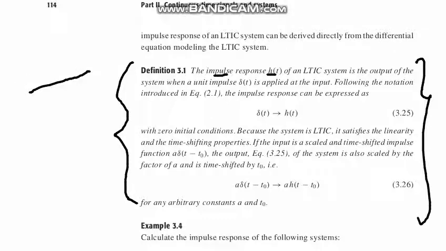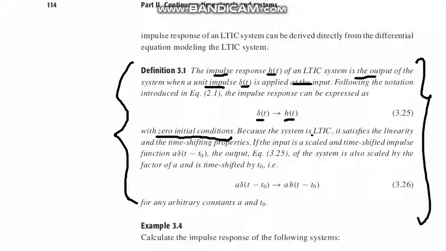The impulse response h(t) of an LTIC system is the output of the system when the unit impulse delta(t) is applied at the input. That means if we apply a unit impulse to the input, the impulse response can be expressed with this notation: delta(t) is transformed to h(t) with 0 initial conditions.